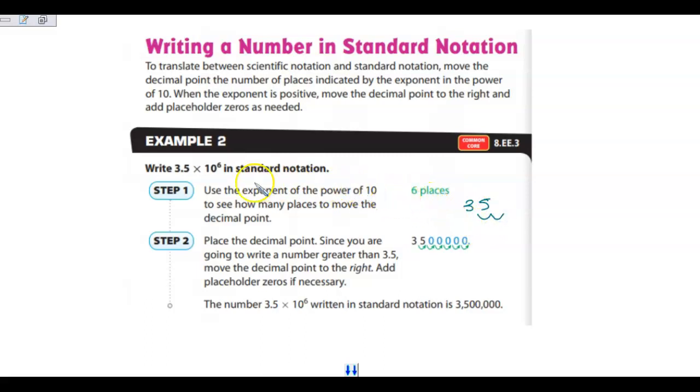And we're going to the right 6 places because my exponent was 6. So we're going to go 1, 2, 3, 4, 5, 6. So that means that our answer is 3,500,000.